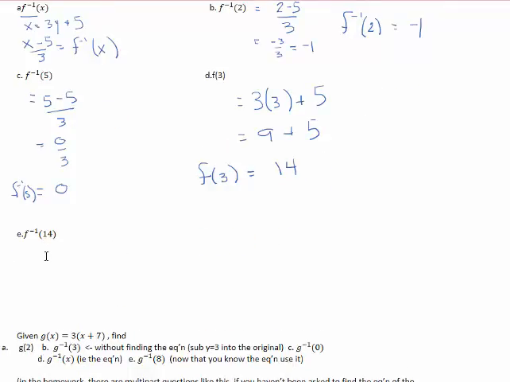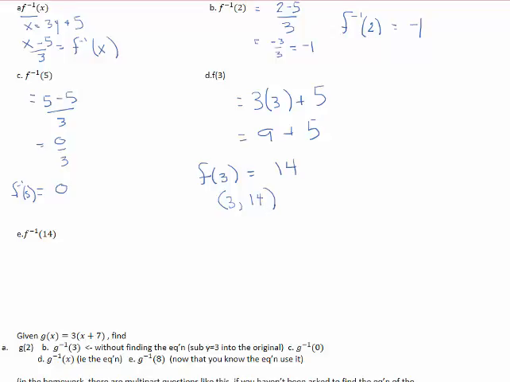So when I go to look at this question here, I look at the fact that I'm looking for the inverse. I need to know what the inverse solution is when x is 14. Now if I'm looking to make some shortcuts, save some time, I realize here that when x is 3 on my original function, y is 14.